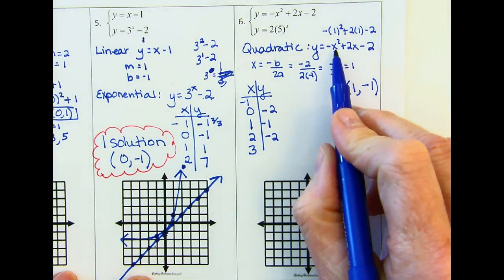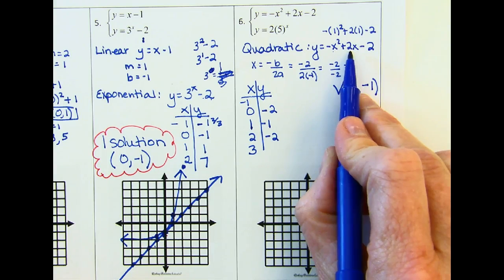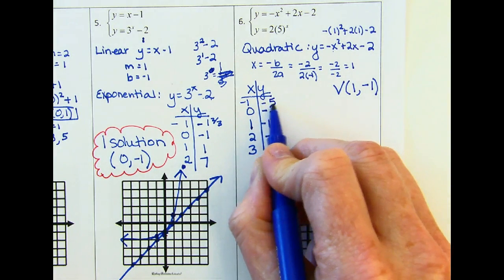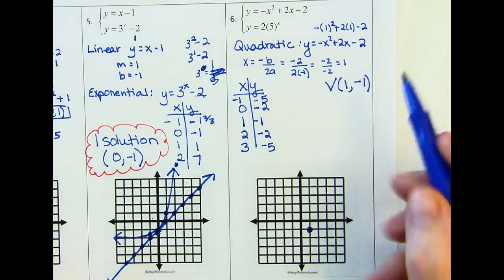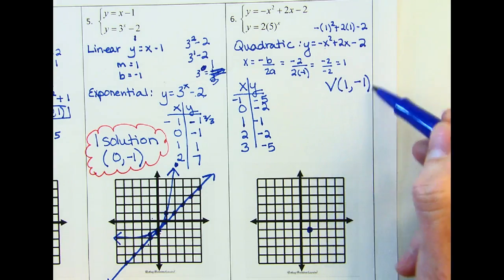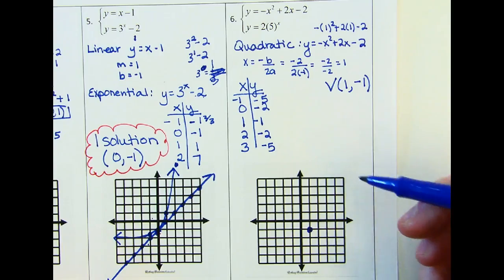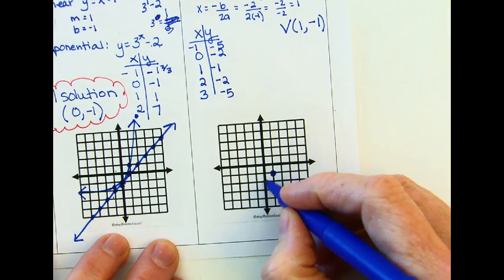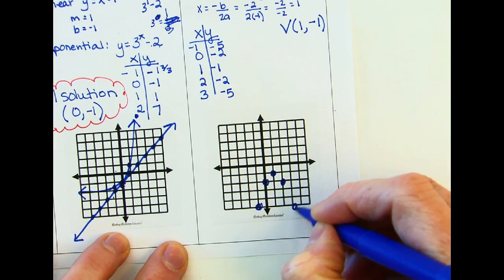If I stick a 3 in, I'm going to get -9 plus 6, which is -3, minus 2 will be -5. So you could mental math it, you could put it in your table, or you could simply just find that vertex, and since the a is a -1, it's a -1, -3, -5 pattern. So whichever way you like to do it, we're going to go ahead and just graph our quadratic.